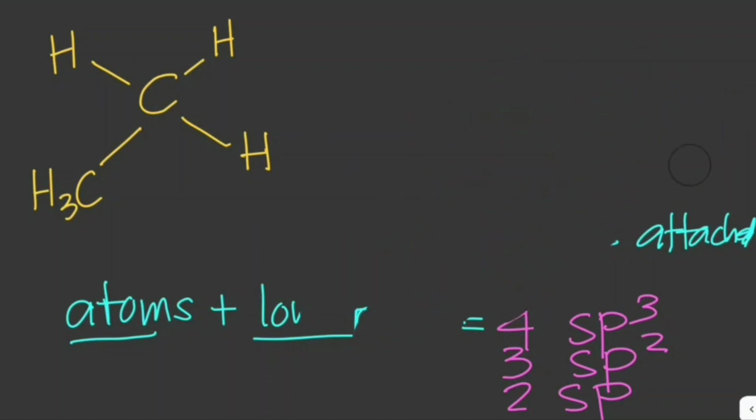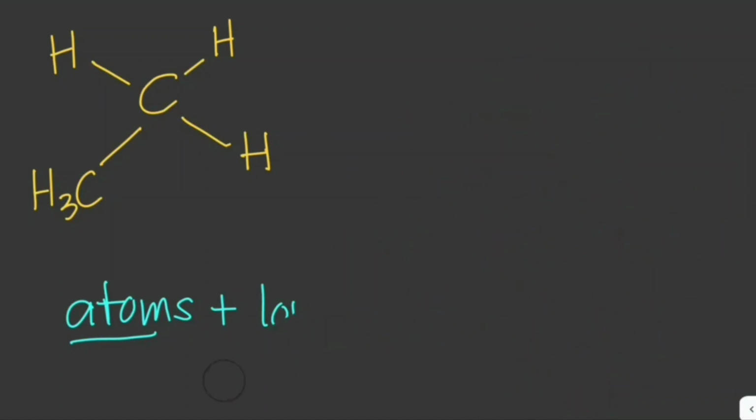What is the hybridization of carbon in this given molecule here? So we have this Lewis structure. We count the number of atoms attached to carbon. So we have 1, 2, 3, 4.